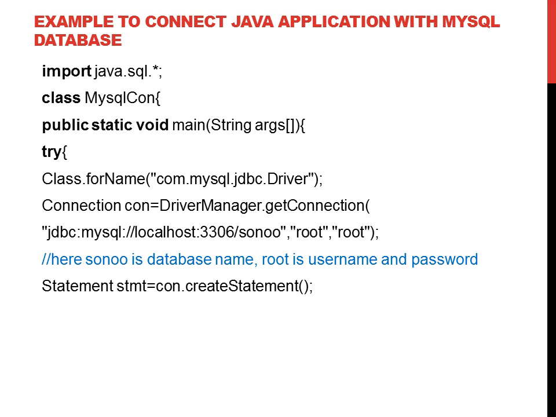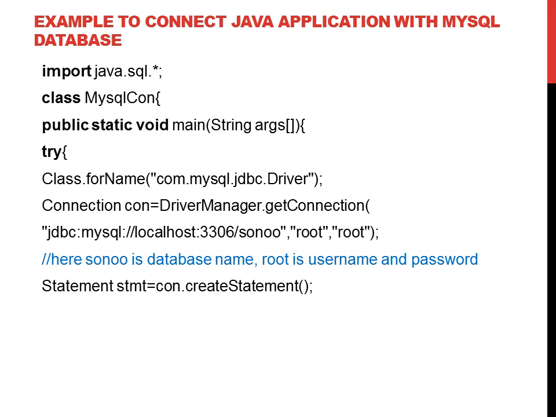For that you use the DriverManager.getConnection method. You have to pass the URL, username and password. Here the URL is jdbc mysql localhost 3306, and the database name is SONOO. Username is root and password is root.